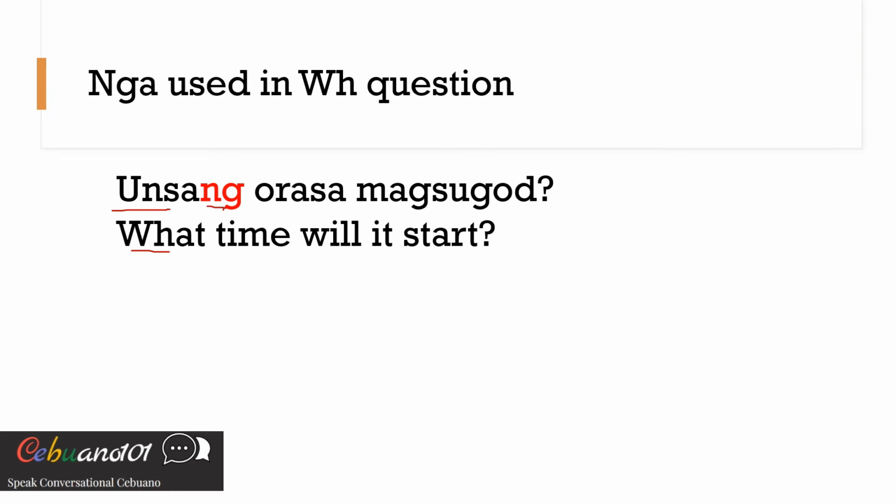Oras means time. So we have added a here in orasa because we want to know the particular time that, for example, the meeting will start. Okay, that's the use of adding a to a noun.